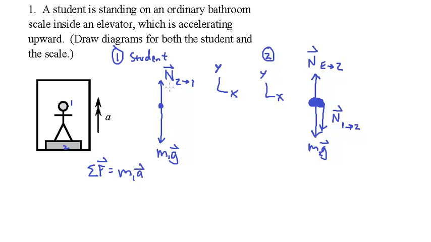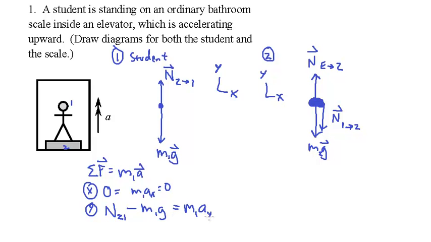What you can do here, if you want to, is solve the problem. So we do sum of forces equals m1a for the student. If you don't want to see the problem solved, just move on. That's fine. In the x direction, we have nothing: m1ax equals nothing. And in the y direction, we have the normal force of the scale on the student, n21.